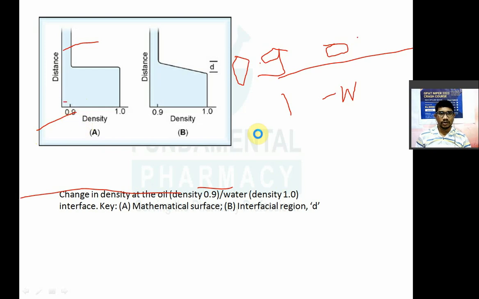This is the density of oil, this is the density of water, but at the interface the difference is not exactly that; there is a very small difference. This is the interfacial region. At the interface, the density of oil does not change drastically; it changes slowly. Some molecules have a density of 0.9, some less, some near 1. So this small difference is known as the interfacial region.